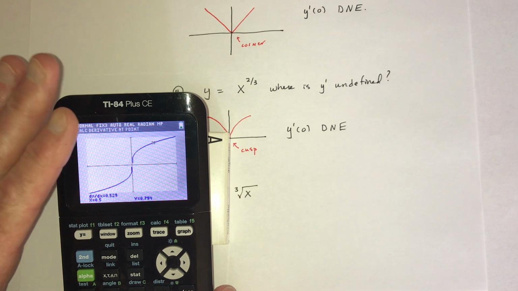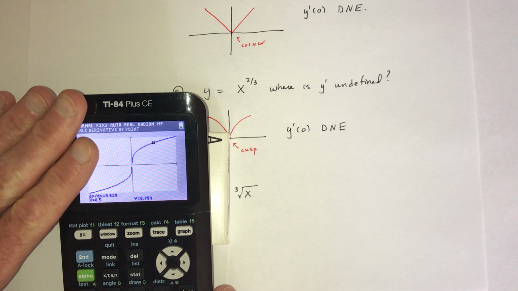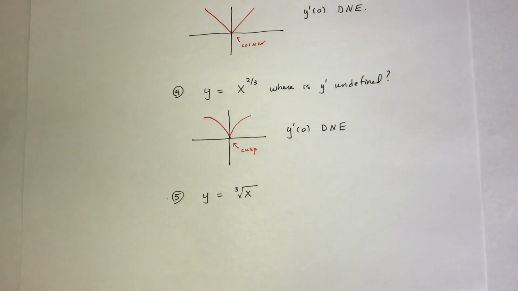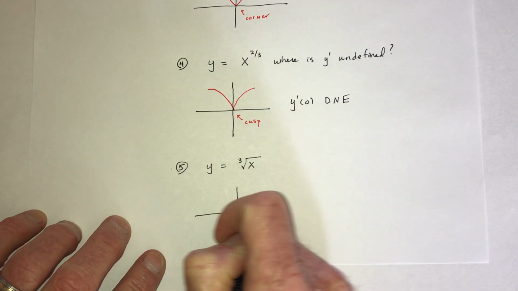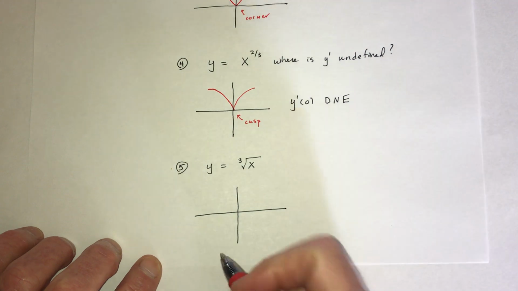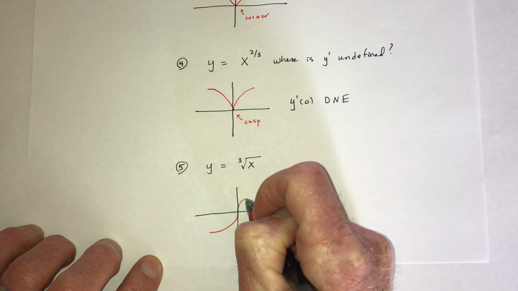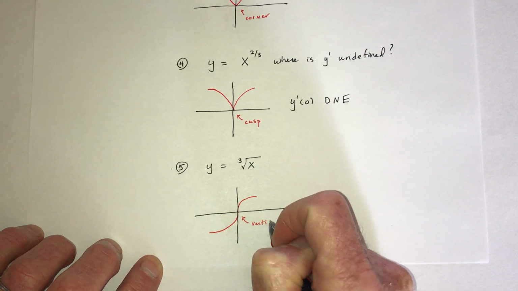Sorry, you probably thought I paid $100 for this calculator and it's never going to make mistakes, but technology does make mistakes. Now the math won't lie to you, but the calculator sometimes does. So this one, as it went through the origin, just for a moment it went vertical. So the derivative does not exist there.